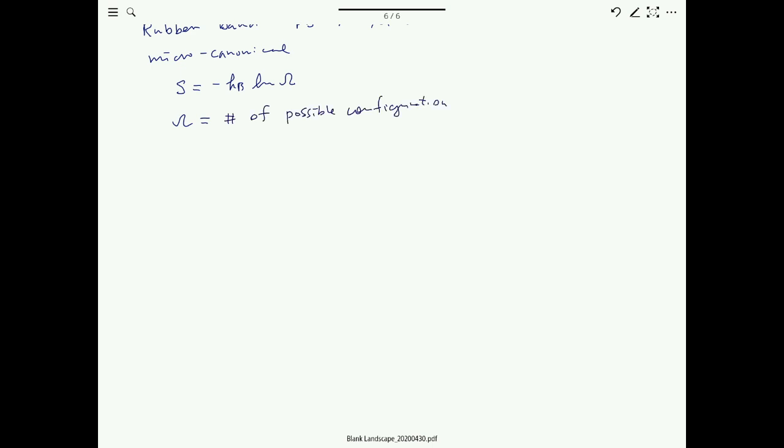Okay, so how do I understand this? I think about my rubber band as a polymer. Okay, so I have a segment. Each segment has a length small d. I have a total of N segments, capital N. I can think of this as the starting point.